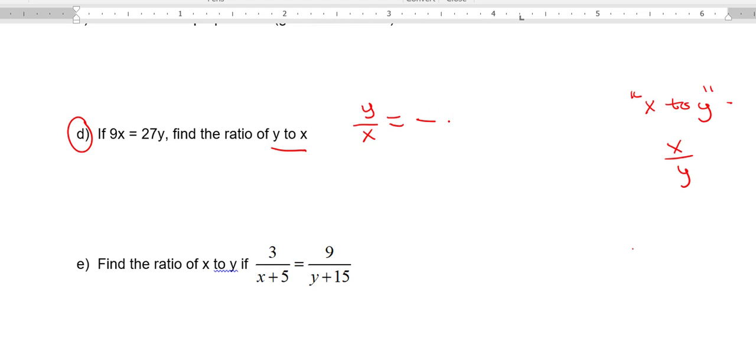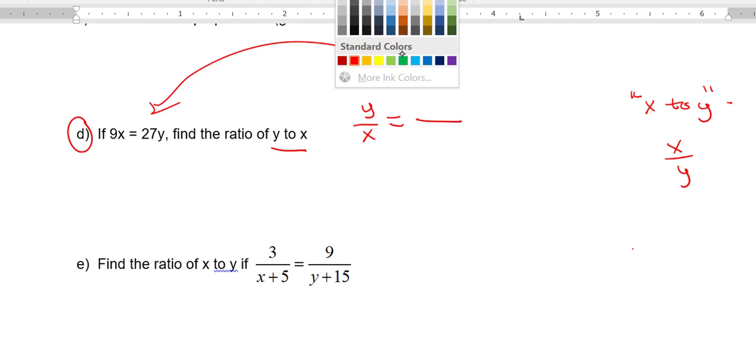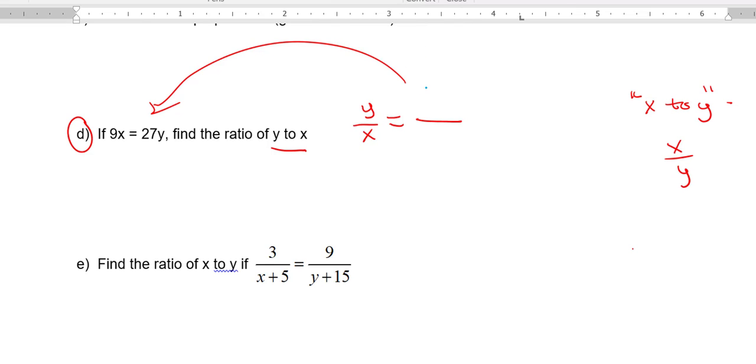What you have to do is ask yourself what's going to give you this. If I cross multiply like this, what number has to be in this spot right here times the x to give me 9x? So I'm going to put in 9 right there.